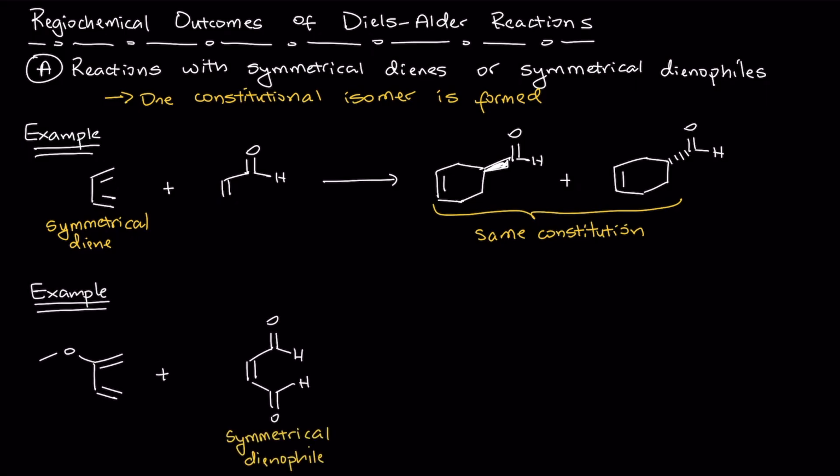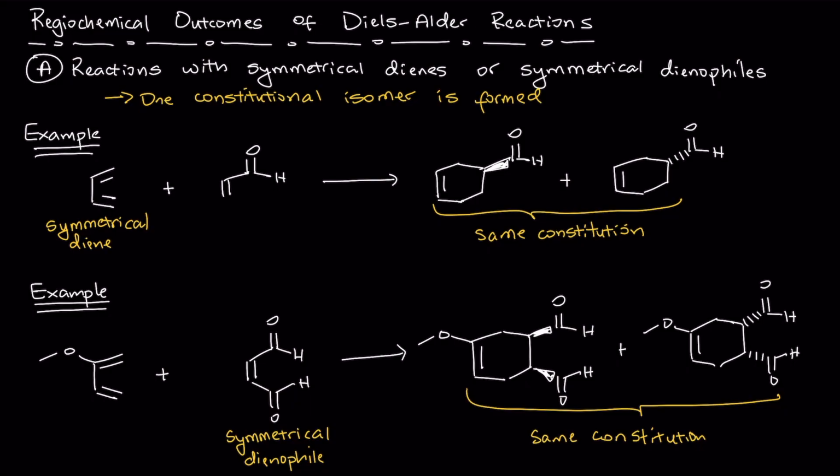In this second example, we have a symmetrical dienophile. Our diene is no longer symmetrical, but it doesn't actually matter. We're going to form two molecules, also stereoisomers, that are the same constitution. And here are the two molecules that you would form.